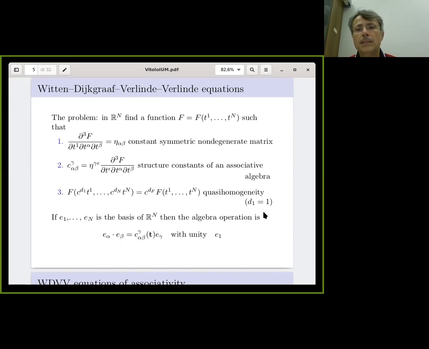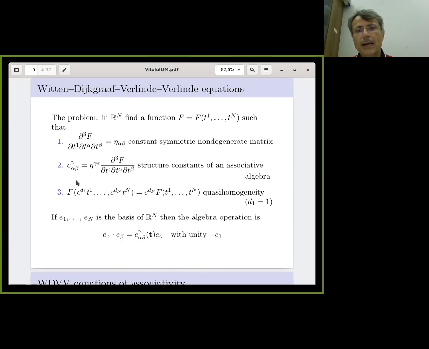Then, since this is non-degenerate, you can use it to raise the index in the three-component tensor of the third-order derivatives of f. So you can raise one index through this constant matrix, and you get a family of functions where you have one upper index and two lower indices.